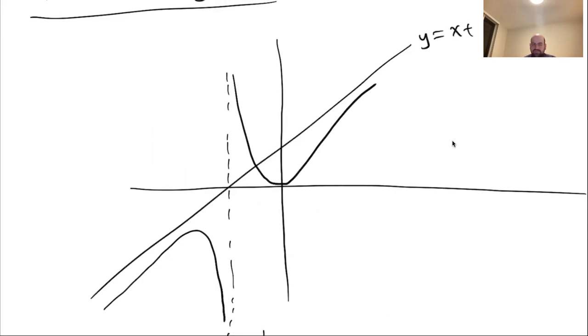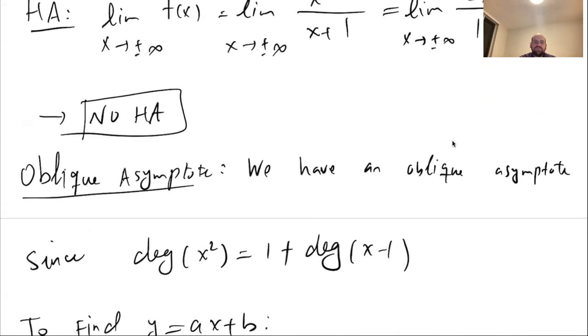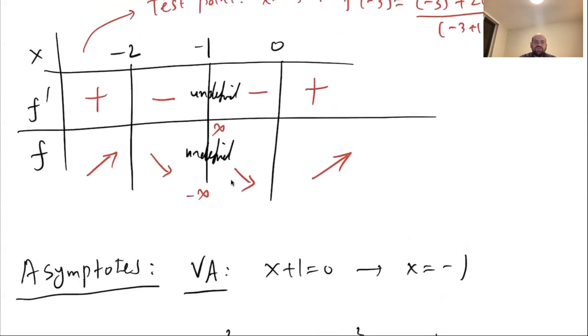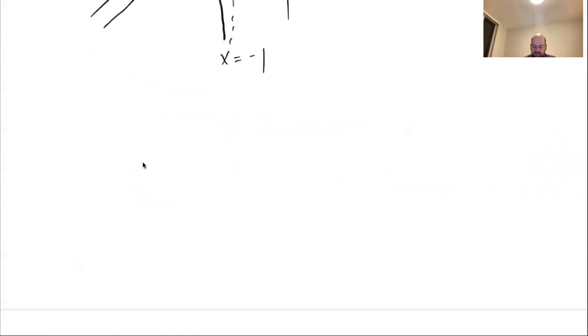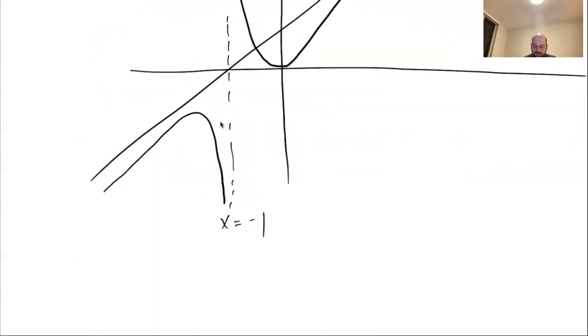oblique asymptote. And the function, if you look at the sign chart, before -2 it is increasing, and after -2 it is decreasing. So at -2, we have a local maximum. Increasing before -2 and decreasing after -2, local maximum here.